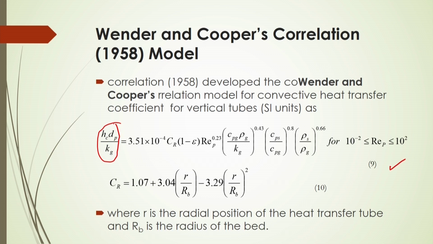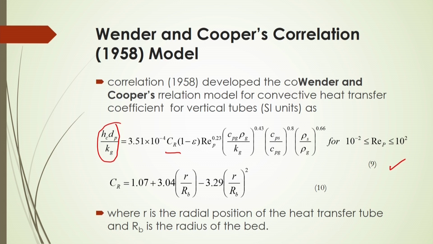They represent it in terms of C_R, an important correction factor they considered because when heat is supplied there will be some radial distribution of the flow inside the bed, and the heat transfer distribution will vary accordingly.